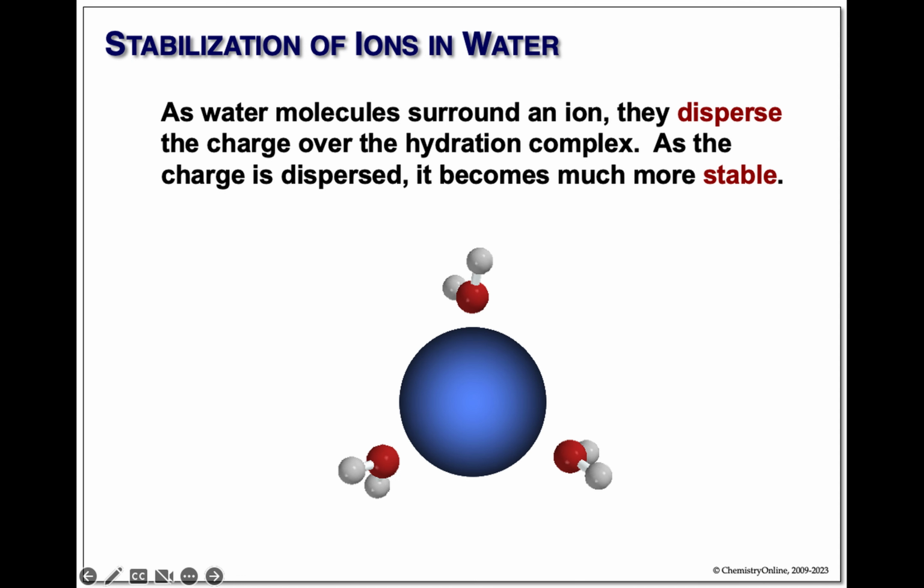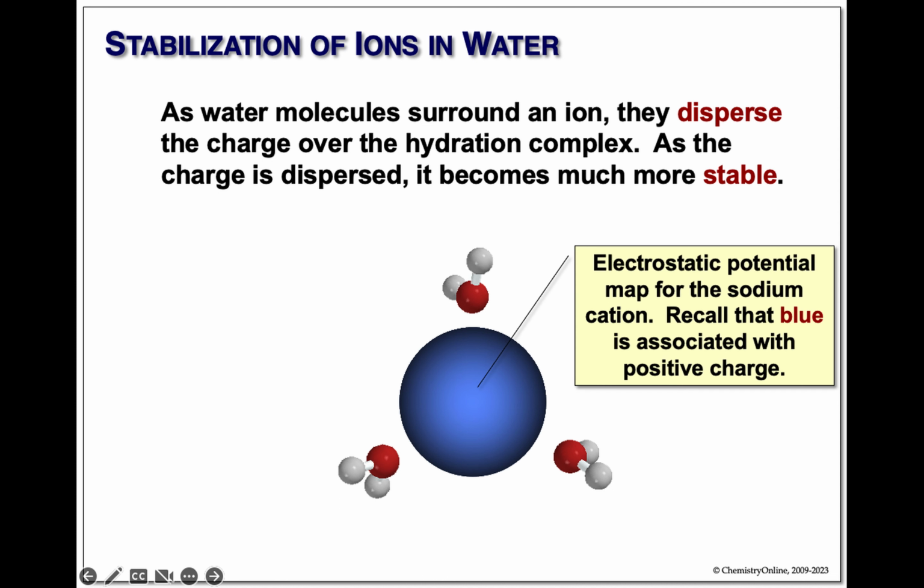This is the electrostatic potential map for the sodium cation. It's blue. What I have done is I have placed three waters around it with the oxygen ends, those are the negatives, pointing in. What I'm going to ask my computer to do is calculate an electrostatic potential map for this entire complex.